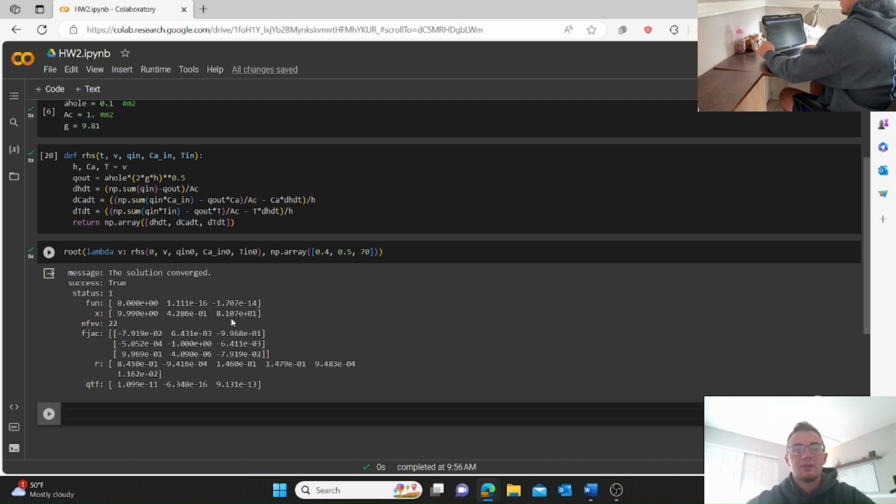So we can see that this is true because these functions are all essentially zero. So our dH dt, dCA dt, and dT dt have all been driven to zero. So we are at some steady state. Again, zero on this first one, very close to zero here for the concentration, and very close to zero again for the change in temperature with respect to time.